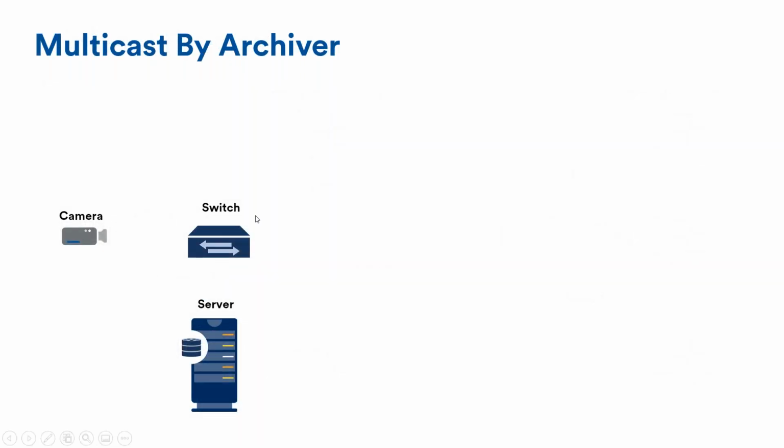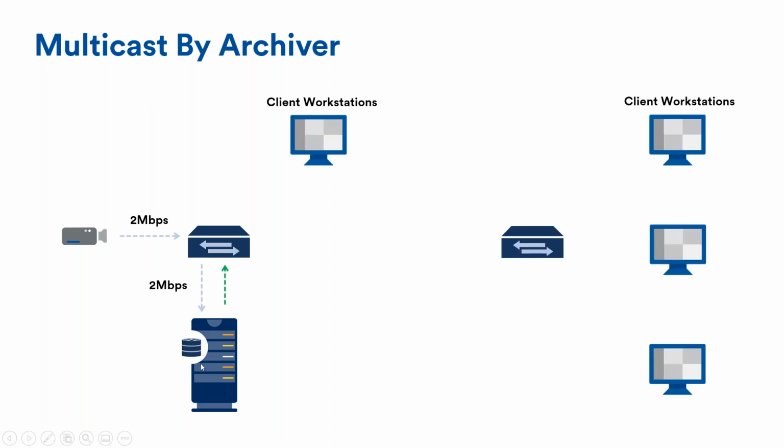Now, let's look at a scenario where we have multicast configured on the network. We have a camera, again, streaming video at 2 megabits per second. The 2 megabit per second stream goes down to the archiver for recording.